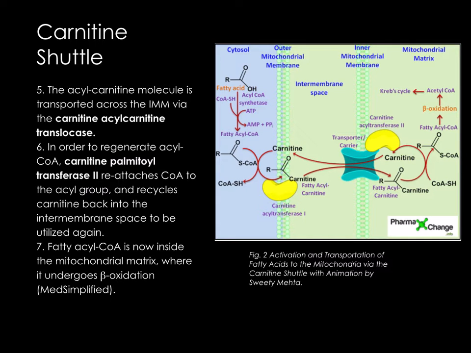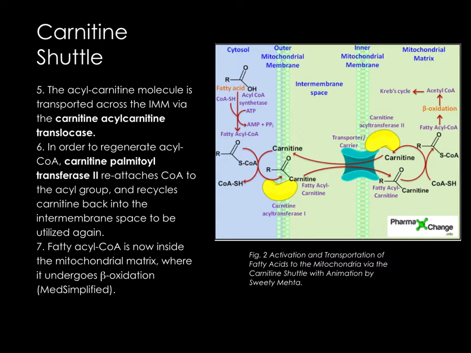Acyl carnitine is going to be transported across the inner mitochondrial membrane via the acyl carnitine translocase. But in order to regenerate acyl-CoA, which is what we need, it has to utilize the carnitine palmitoyltransferase 2 enzyme. And what this guy does is reattach our CoA to the acyl group and then take the carnitine that was on there and recycle it for the next fatty acid that comes through.